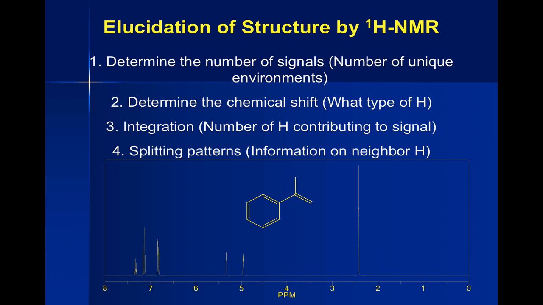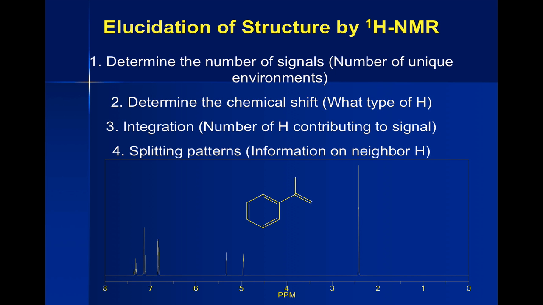Why are they not identical? So this proton is cis to a methyl group, but trans to an aromatic ring. This hydrogen is the opposite, so are these identical? They are not. And so we have 1, 2, 3, 4, 5, 6 unique environments.